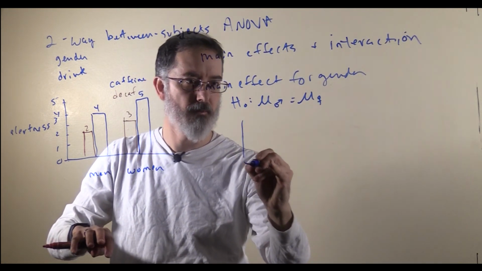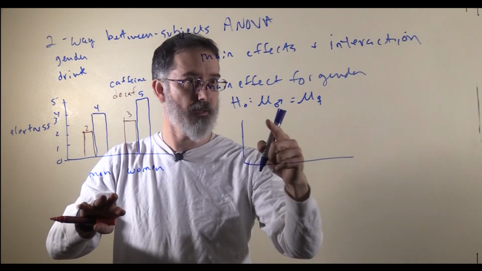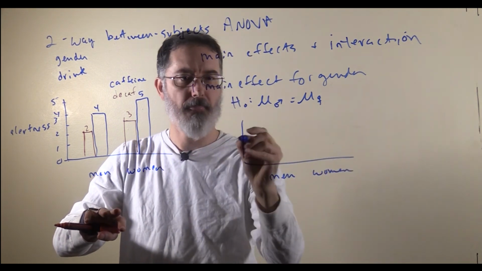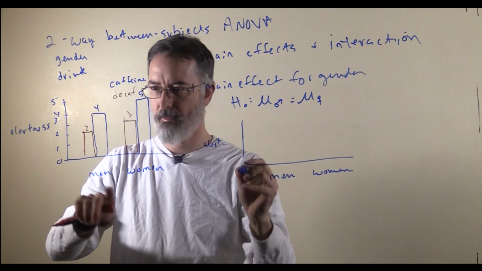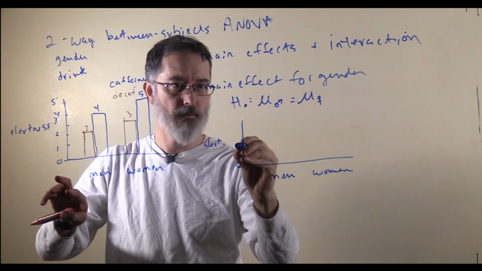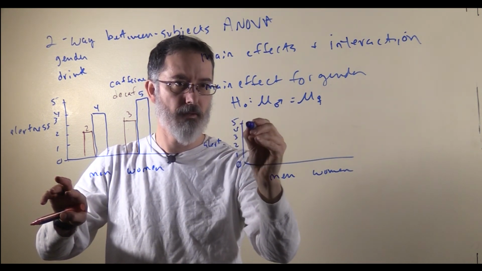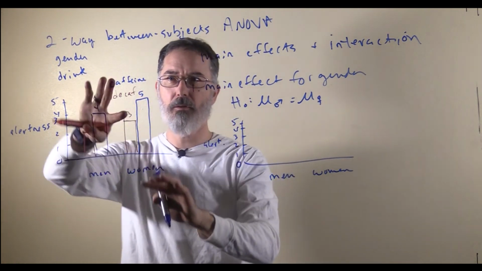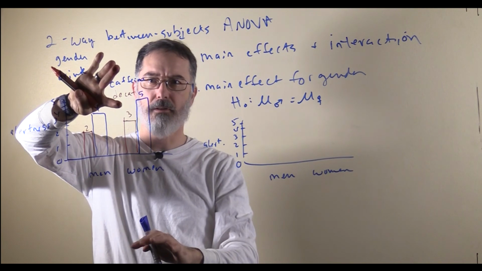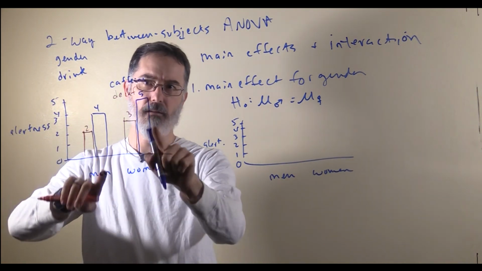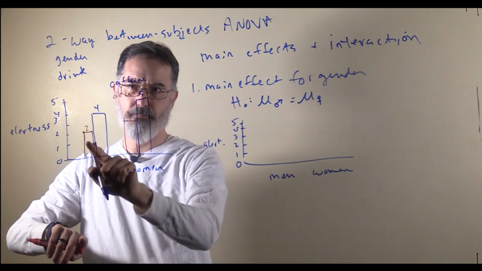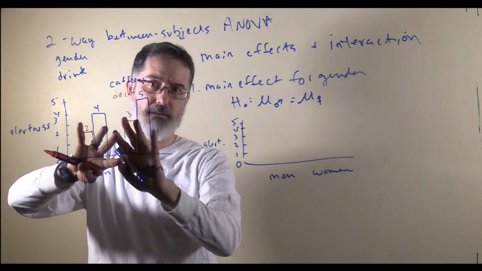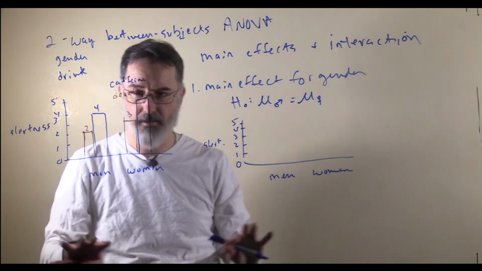And in fact, what we're going to do is we'll draw this again, and we're going to have men on one side and women on the other again. This will still be alertness. 0, 1, 2, 3, 4, 5. And now for men, we're going to ignore which condition they were in. For this example, we're going to say all 4 groups, men decaf, men caffeinated, women decaf, women caffeinated, have the same sample size, 100, to keep things simple.